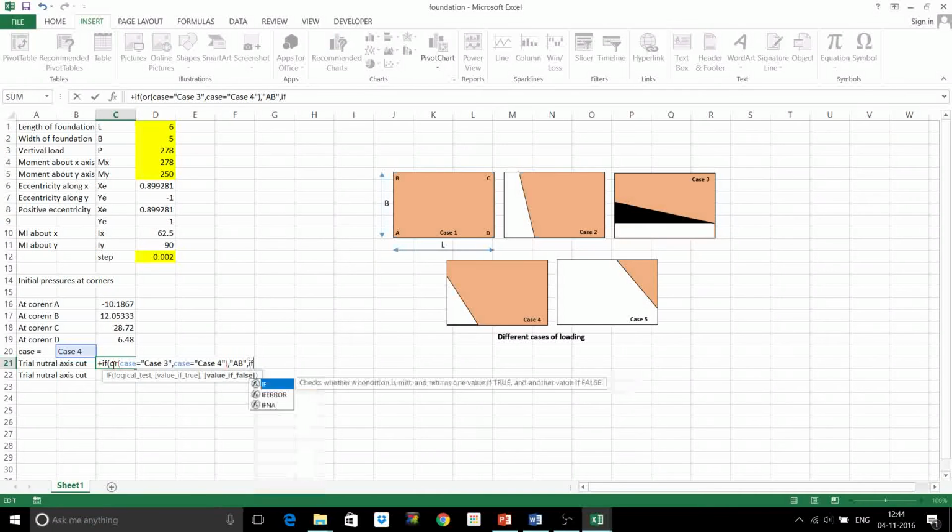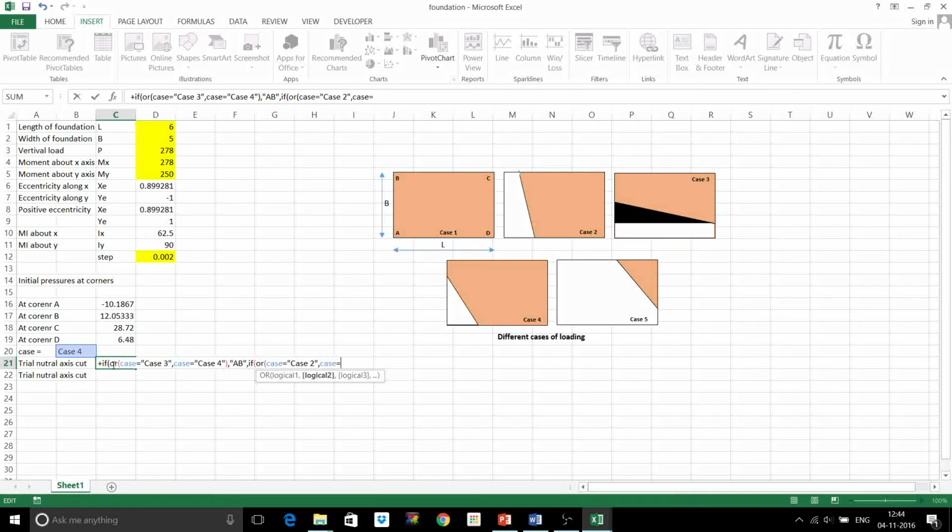And if case 2 or case 5, then it cuts BC.